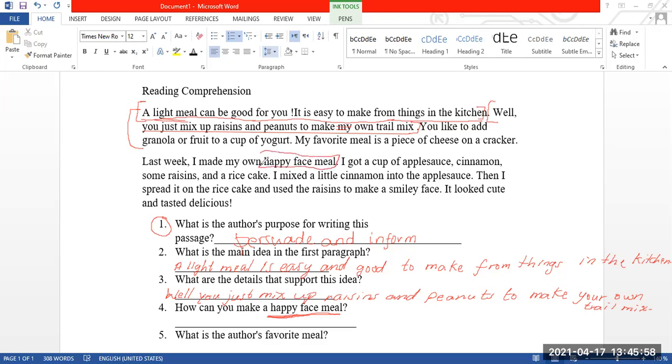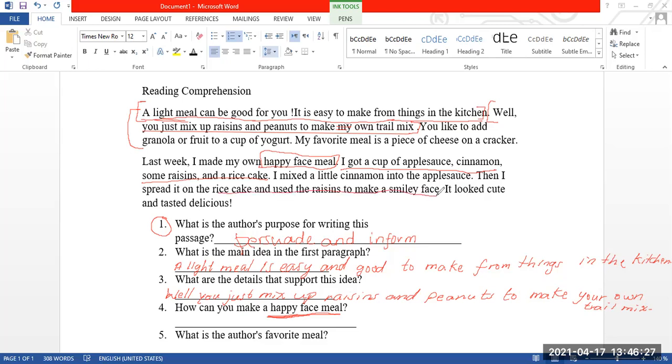So we got something related to it. I made my own happy face meal. And the answer is over here. I got a cup of applesauce, cinnamon, some raisins, and a rice cake. I mixed a little cinnamon into the applesauce. Then I spread it on the rice cake and used the raisins to make a smiley face.